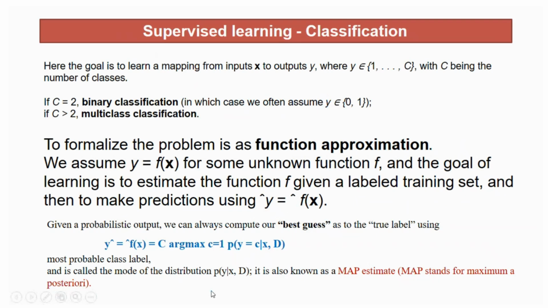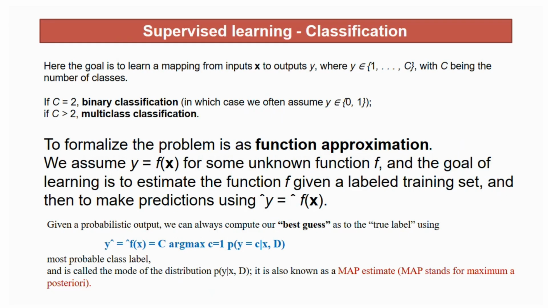In supervised learning, this is simply a task of mapping an input to its corresponding output. That output could be an element of a set of classes, 1 to C. In the case of binary classification, C will be 2. And in the case of multi-class classification, C will be more than 2. C means a class.